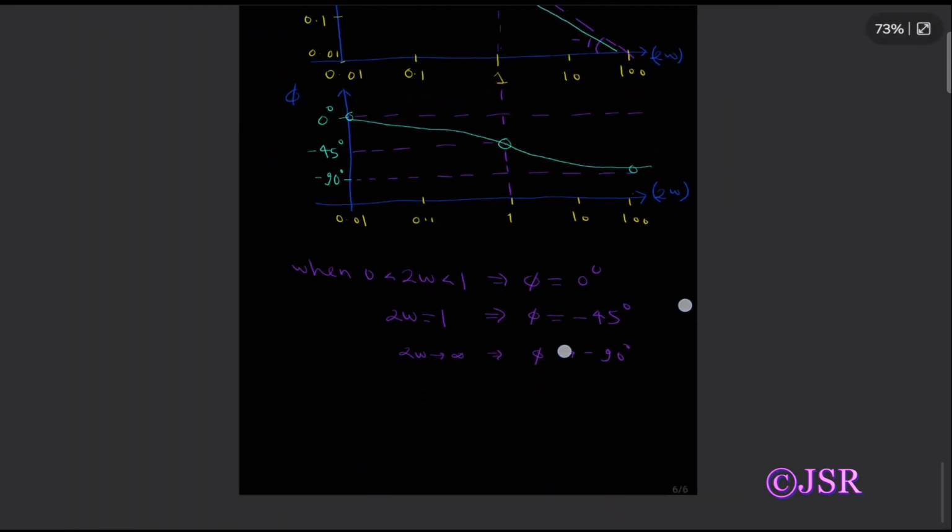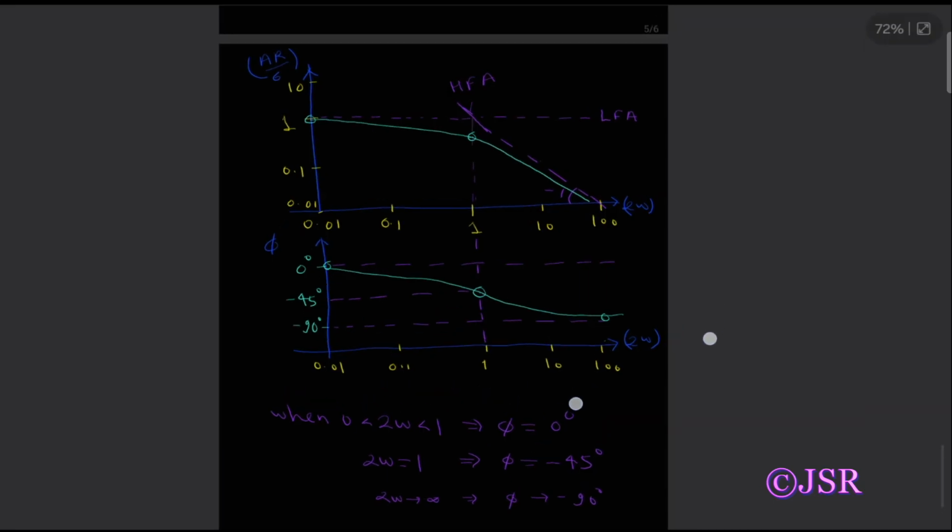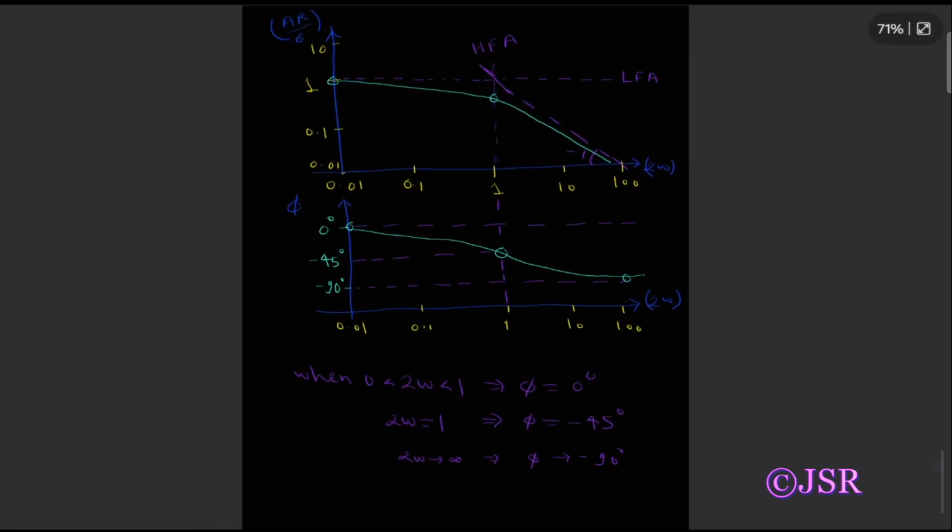So this will be the Bode diagram for the given system, for 6/(2s plus 1).